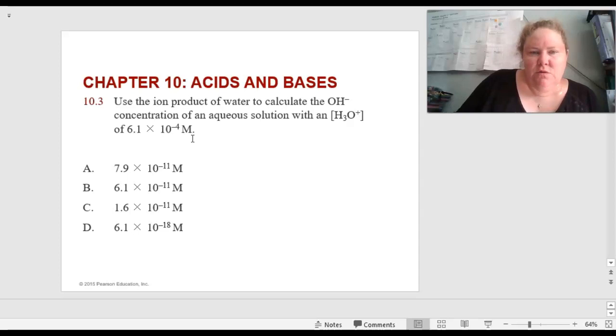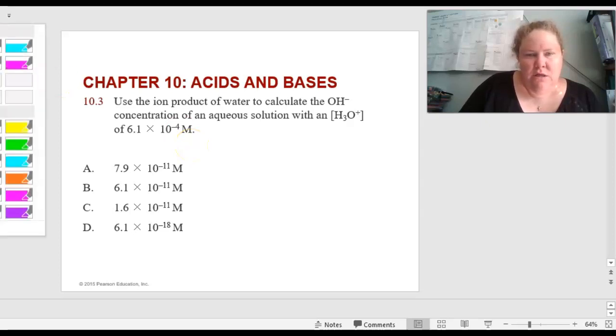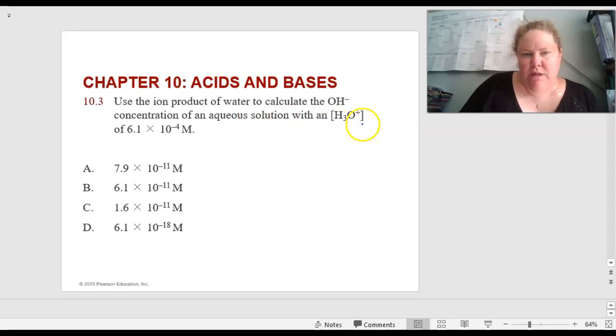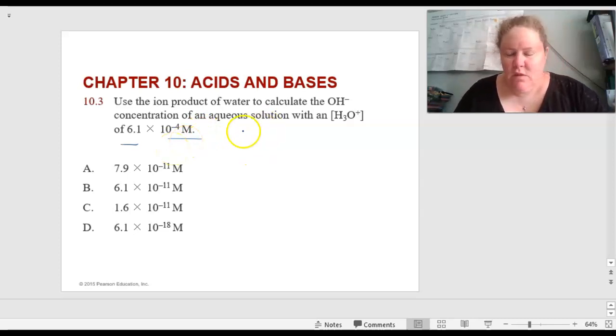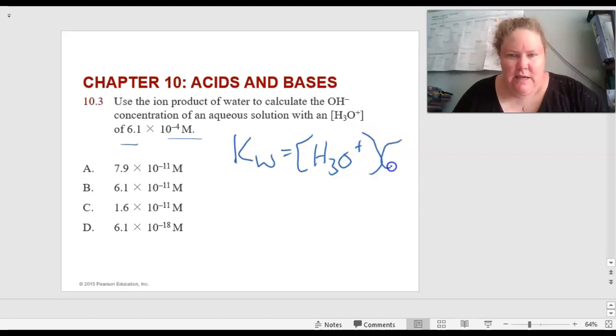Okay, for this one, use the ion product of water to calculate the OH concentration for an aqueous solution of H3O plus of 6.1 times 10 to the minus 4 molar. So with this one, remember, and again, this is in your book, the formula. So KW equals H3O plus times OH minus.